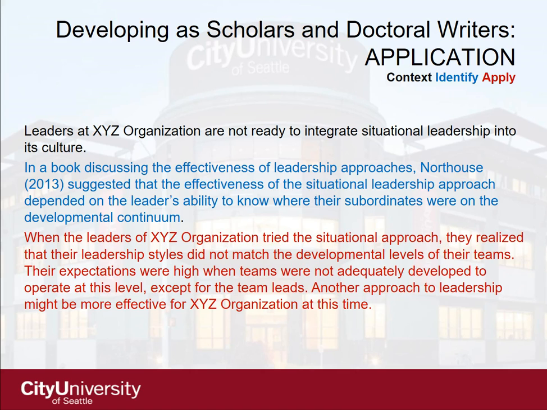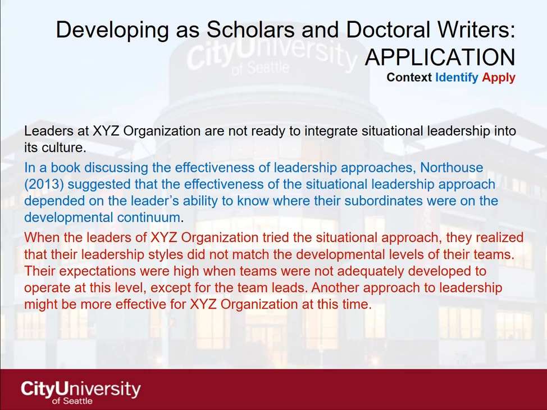I'll read this here. Leaders at XYZ organization are not ready to integrate situational leadership into its culture. In a book discussing the effectiveness of leadership approaches, Nordhaus, 2013, suggested that the effectiveness of the situational leadership approach depended on the leader's ability to know where their subordinates were on the developmental continuum.